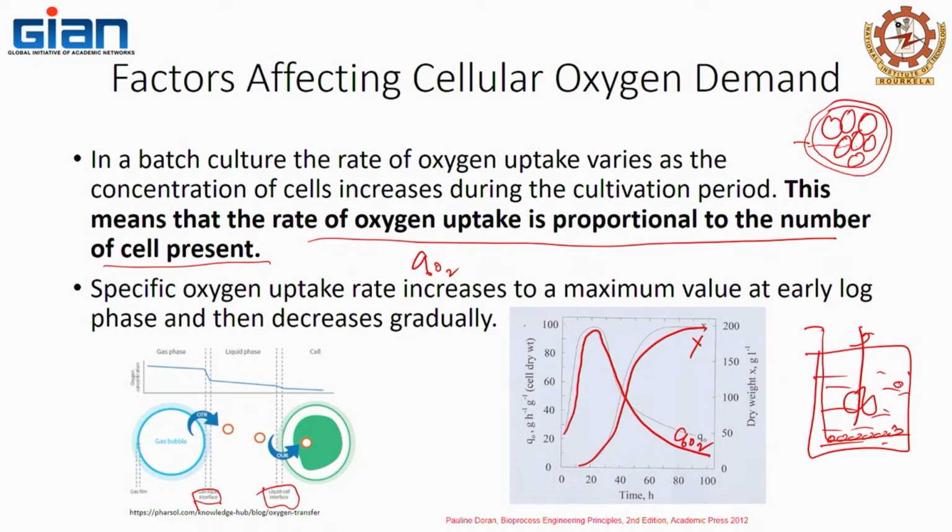If I take a dissolved oxygen probe and put it inside the fermenter or the bioreactor, and I change the speed of my agitator, do you think that will change the amount of oxygen that would be present in the water?